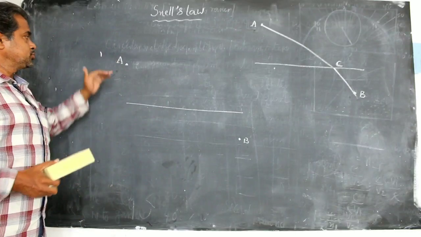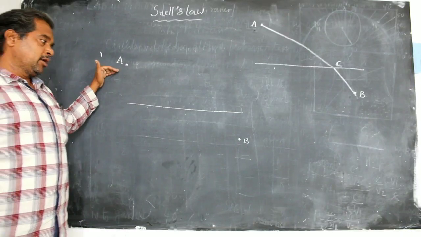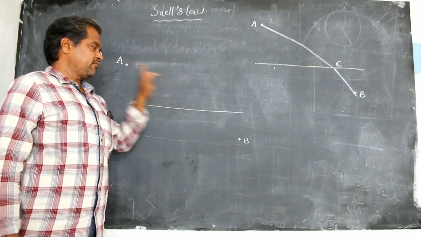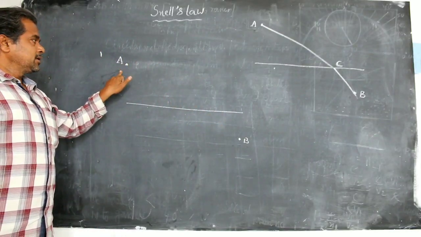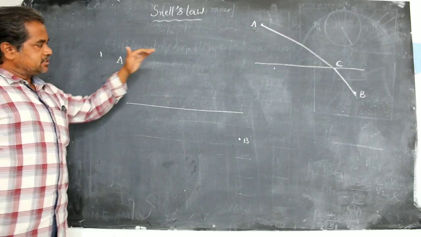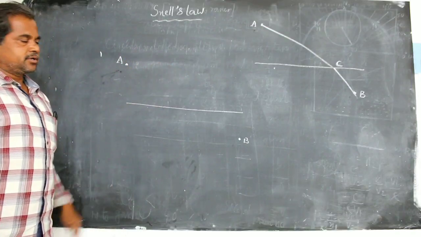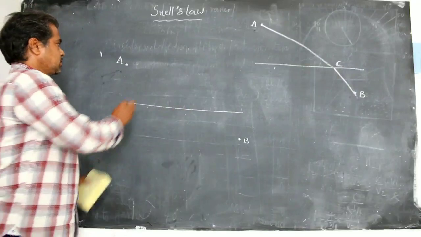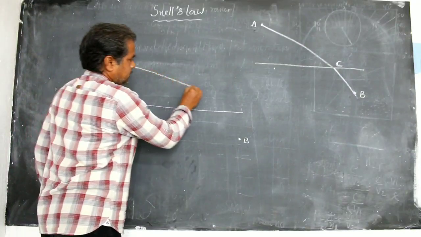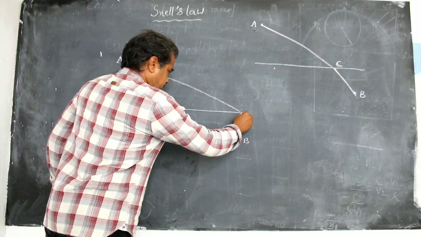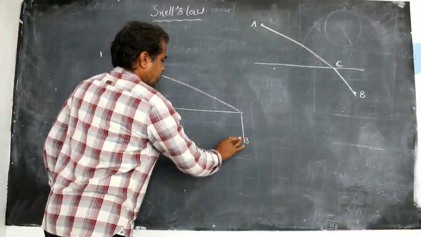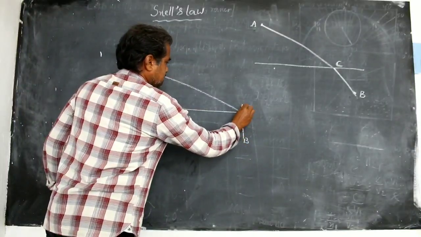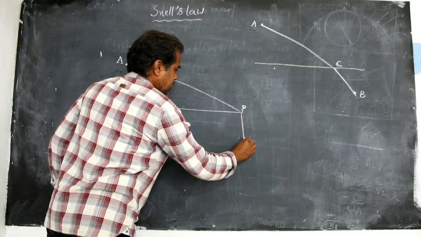So he chooses the path to reach B from point A such that he travels more distance on the earth and less distance in the water. Like this, for example. Choose this path, APB.